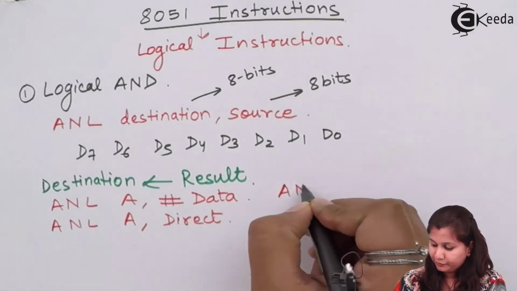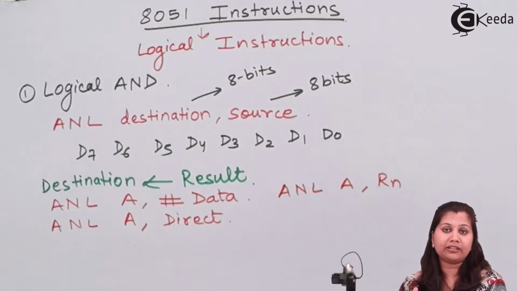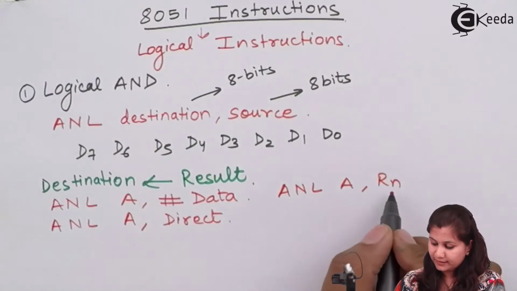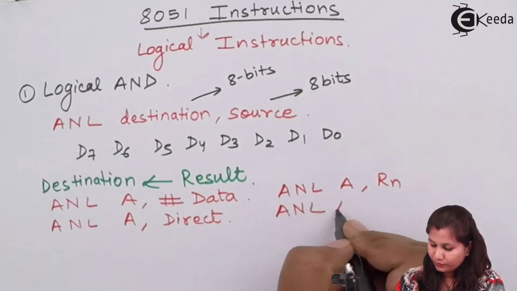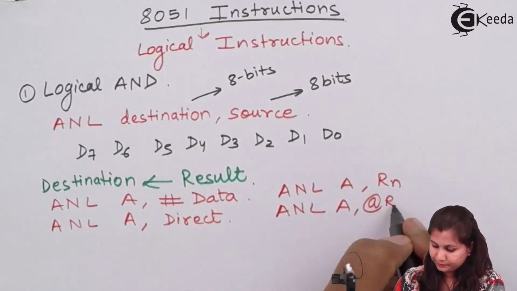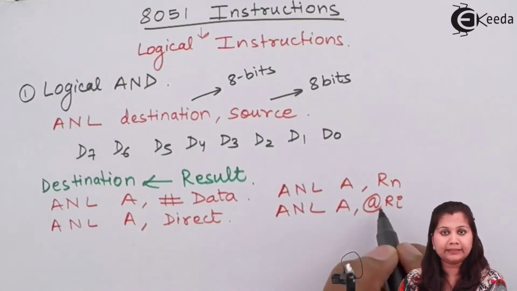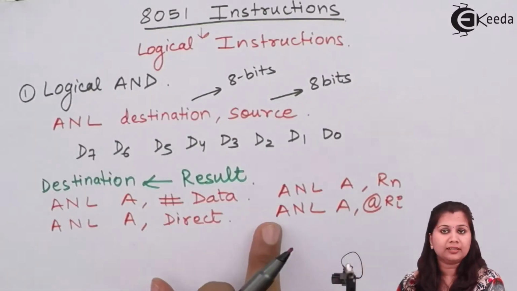Also we can have any of the registers, the 8 registers R0 to R7 of the register banks, from bank 0 to bank 3 of the 8051, which we can use here. So any of the registers can be there, a direct address can be there, and indirect addressing also we can have, like the R0 and R1 registers. Indirectly, the address of the memory location which has the data is given in the register.